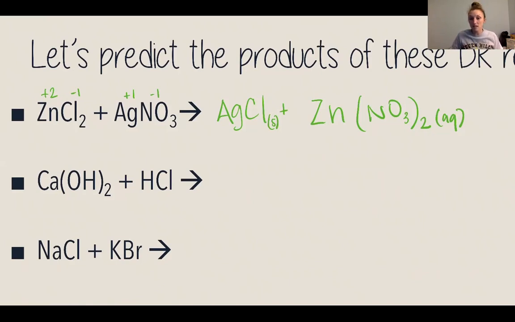But I have one solid, so it happens. So I need to balance this. So in order to balance it, I'm going to need 2 of these and 2 of those. So here are the products of this first reaction.